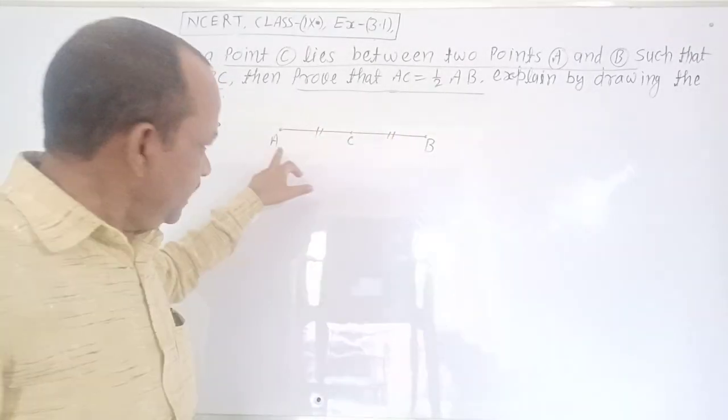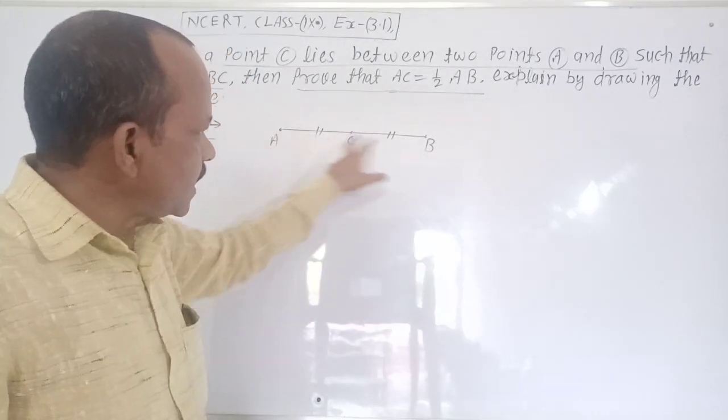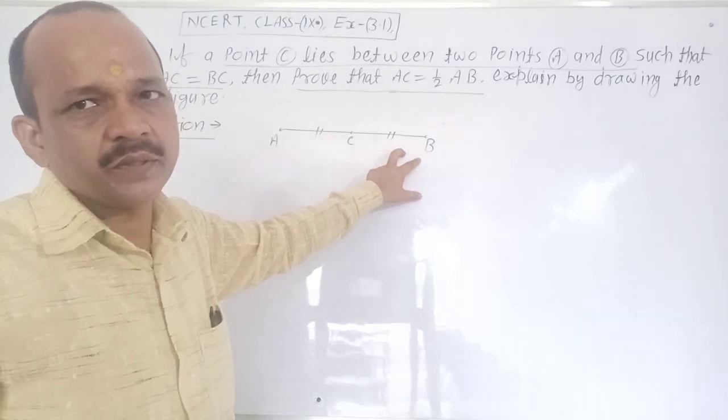Point C is between point A and B. It means AC equal to BC. It is clear?